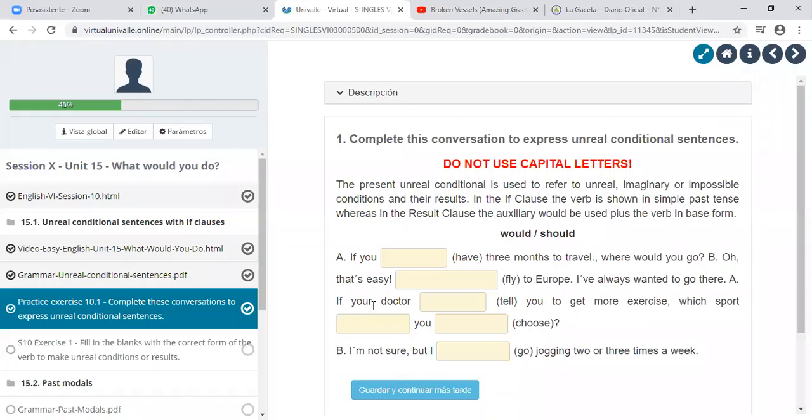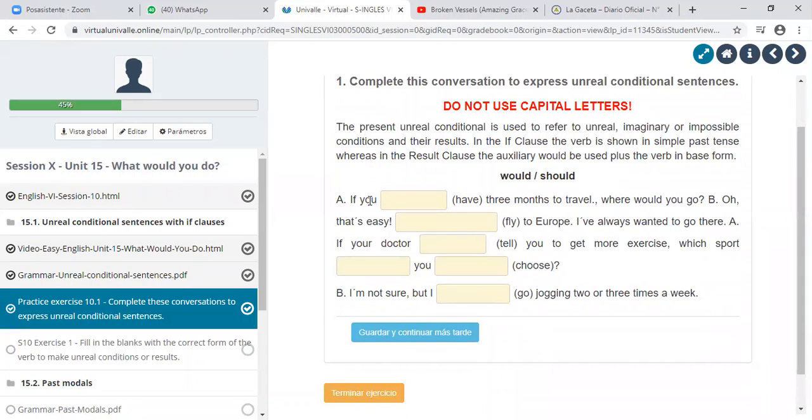Do not use capital letters. Okay, the present unreal conditional is used to refer to unreal, imaginary, or impossible conditions and their results. In the if clause, the verb is shown in simple past tense, whereas in the result clause, the auxiliary would is used plus the verb in base form.